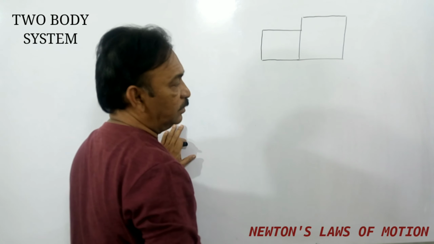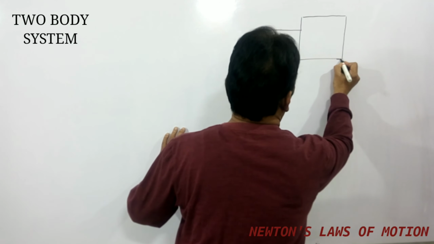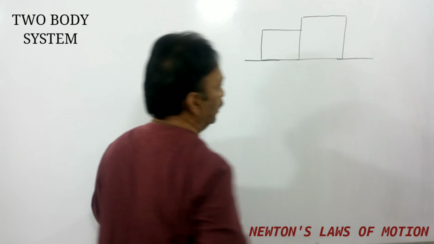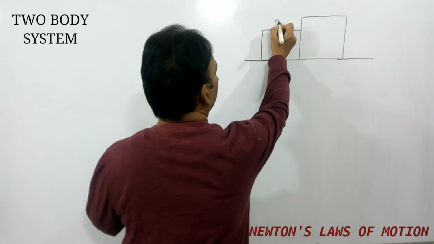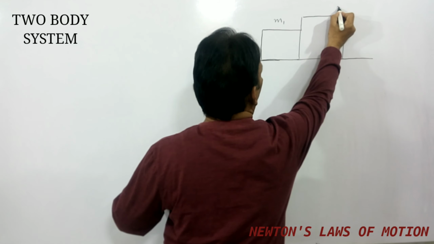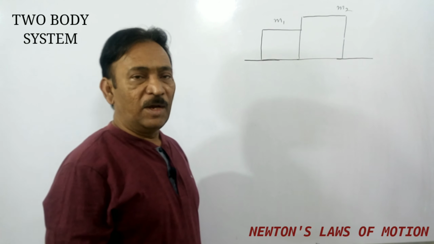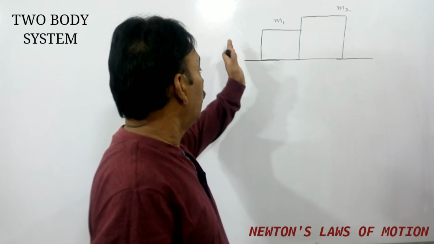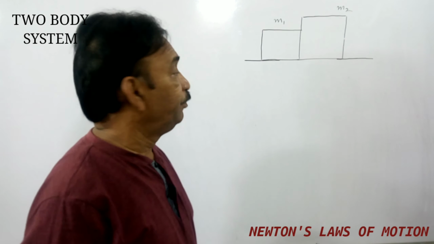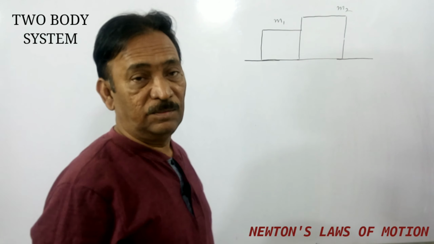These two bodies are kept in contact with each other on a smooth surface. It has a mass of m1 and the other has a mass of m2. Students, we have to find the acceleration of the system when an external force is acting on it, as well as the contact force in between the two surfaces.